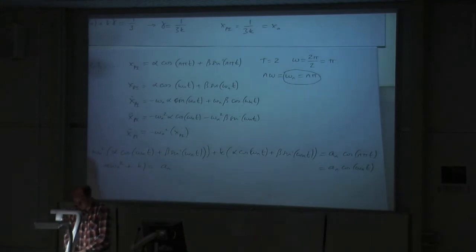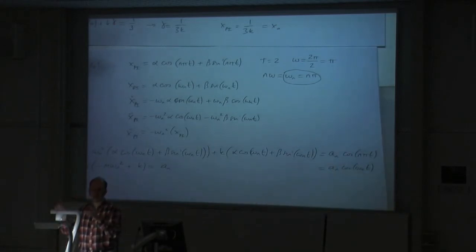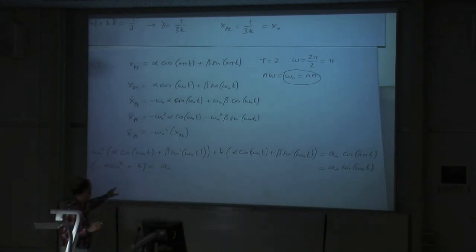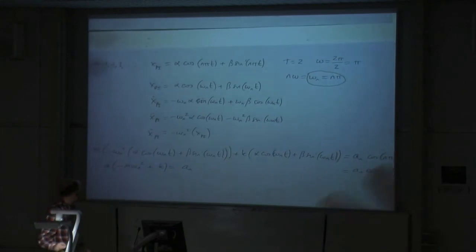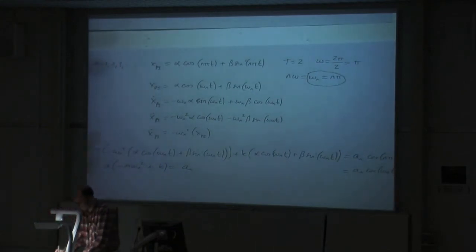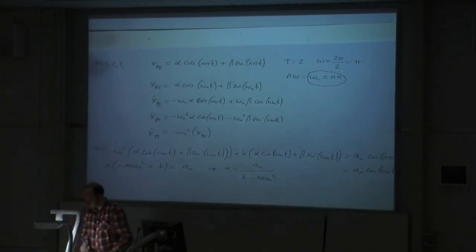Because we've got minus m omega n squared times by alpha cosine omega n t plus k alpha cosine omega n t equals a n cosine omega n t. Cosine omega n t disappears, okay? We end up with that equation to find alpha, okay? So from that equation we can see that alpha is a n divided by k minus m omega n squared.